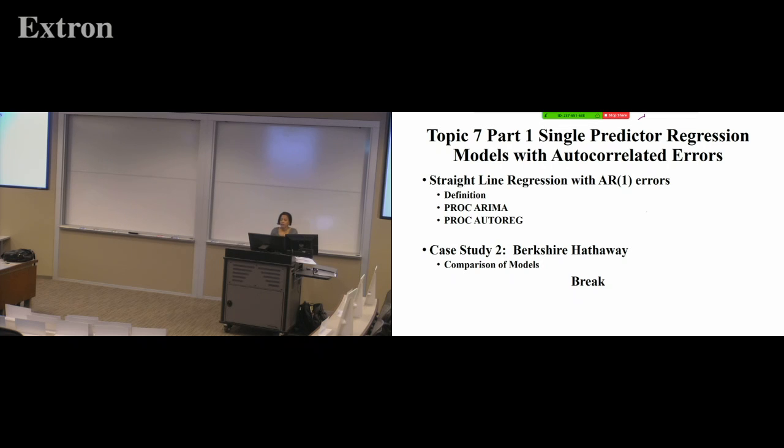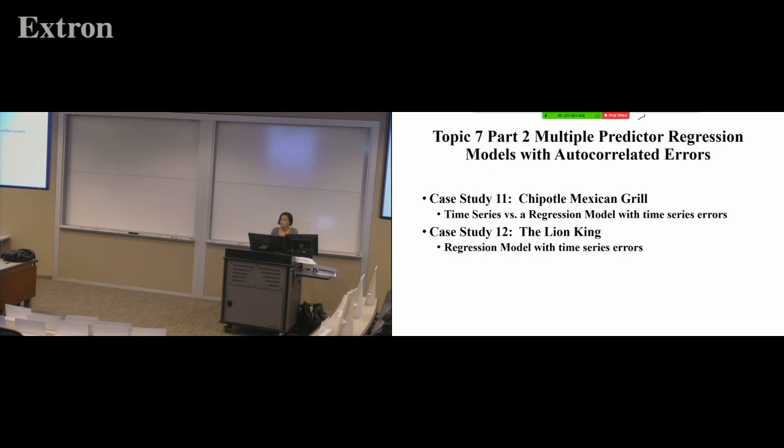We're going to look at using Proc ARIMA in SAS and using Proc AUTOREG in SAS. Then we'll look at a real-world example, the Berkshire Hathaway data, and we'll compare some models. Then we'll take a break, and after the break, we'll come back and look at two more examples, Chipotle Mexican Grill and Lion King data. So that's what today looks like.